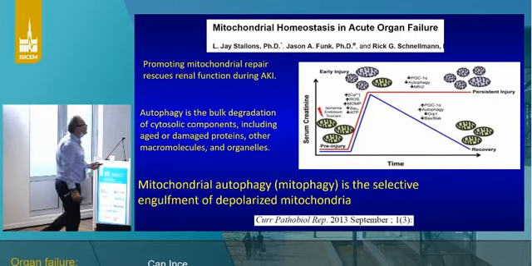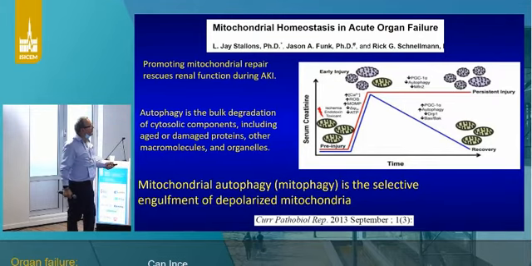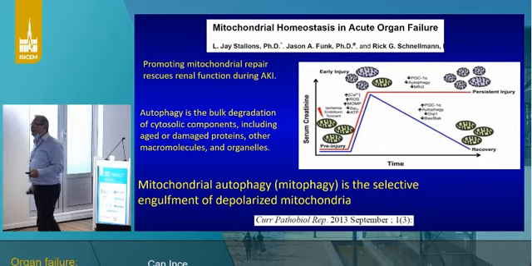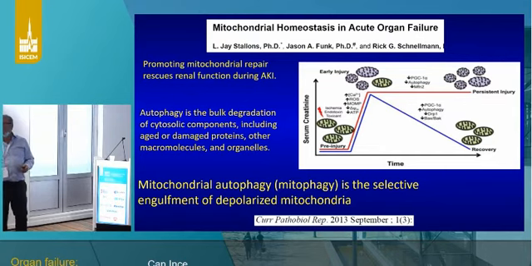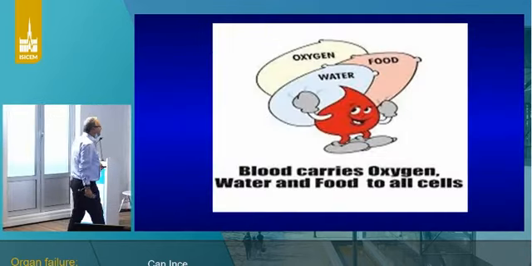Under normal conditions, autophagy will clear up the mitochondria, so targeting mitophagy or autophagy can be considered an important clinical target, and is in fact being looked at in various groups.